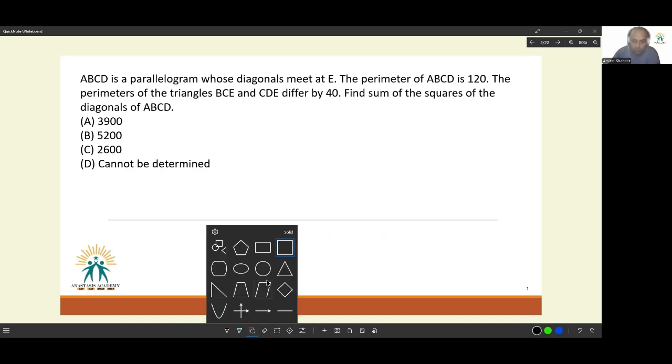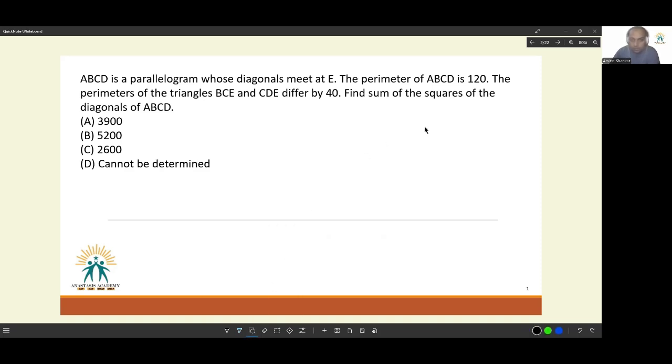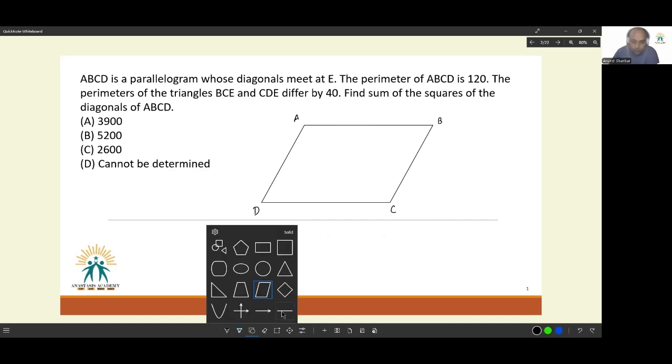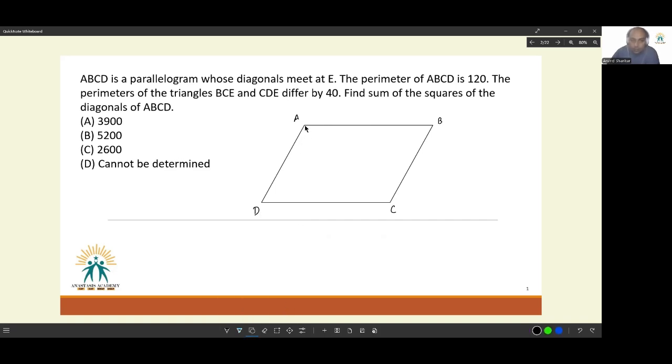So if I draw a parallelogram, something like this, I will name it as A, E, C, and D, and then let me also join their vertices.